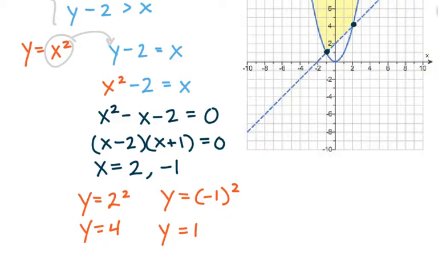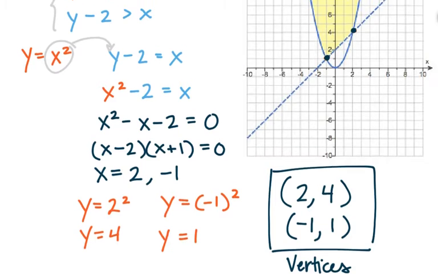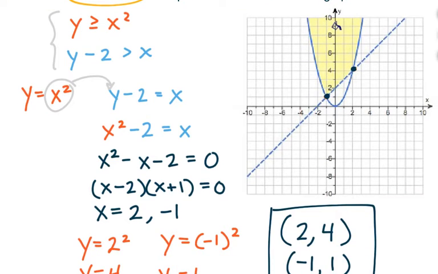So my two ordered pairs would be (2, 4) or (-1, 1). So those are my 2 points of intersection, or as you may call them in a later class, your 2 vertices, the 2 points where these curves are intersecting. So that is how we deal with a system of inequalities, creating the graph as well as finding these 2 points where the line and the parabola intersect.